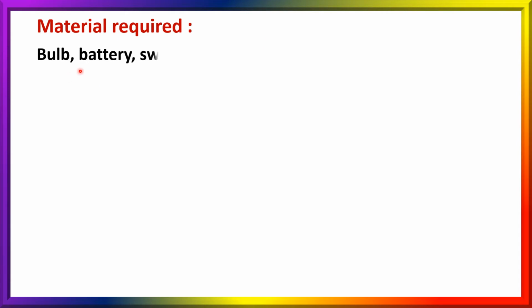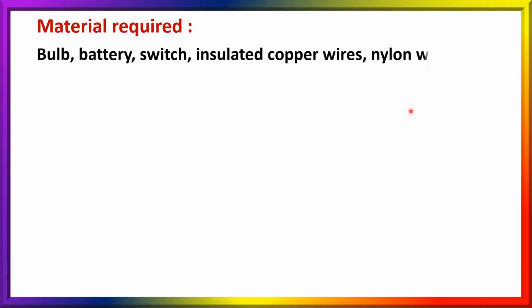In order to do this activity, the material required is bulb, battery, switch, insulated copper wires, nylon wire. So this is the material I require in doing this small activity.